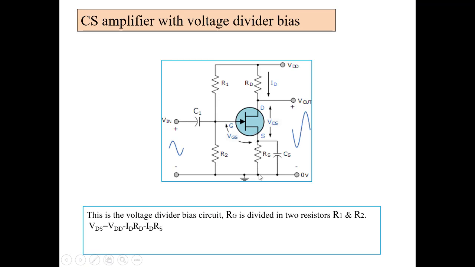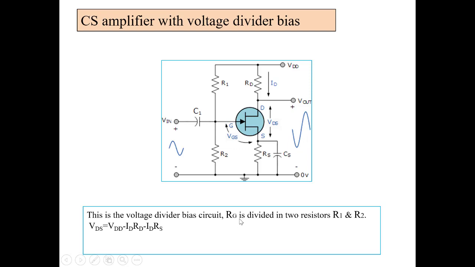So due to the source resistance, one term will be added. The final equation for the output KVL is VDD minus IDRD minus VDS minus ISRS equal to 0. Then I make the output voltage VDS the subject, so the final equation is VDS equal to VDD minus IDRD minus IDRS.